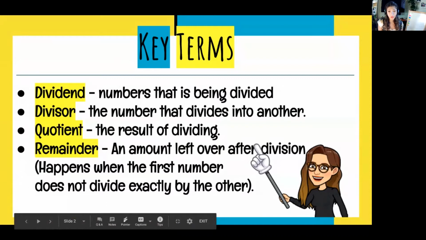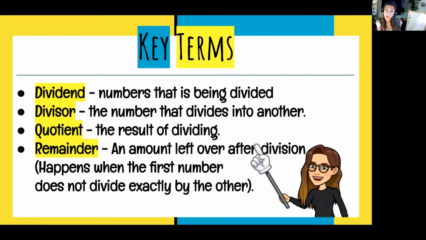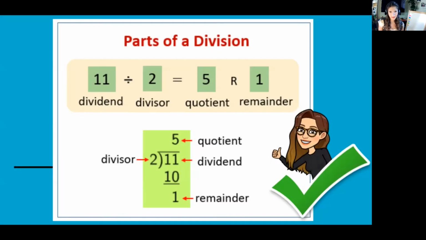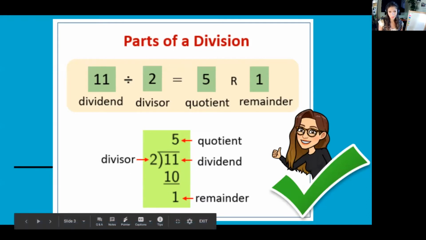The quotient is the result or the answer in a division problem, and the remainder is the amount left over after division. And last week we worked on interpreting the remainder and deciding in real life when we would use it. In case we are still unfamiliar with the setup, it's dividend divided by divisor equals quotient. When it's in our table, our dividend always gets to go inside the house.